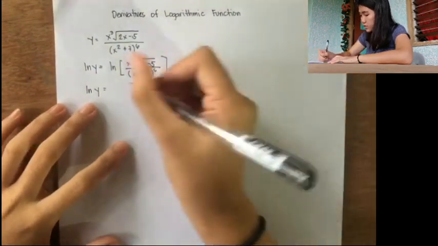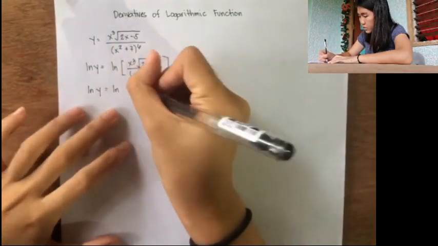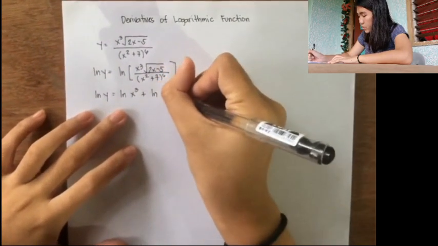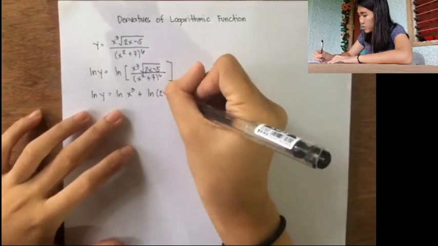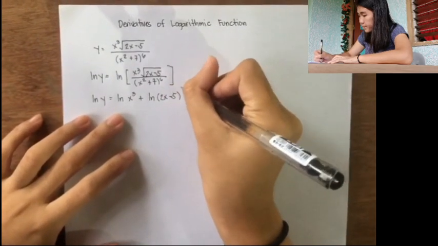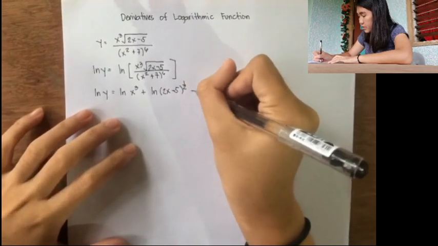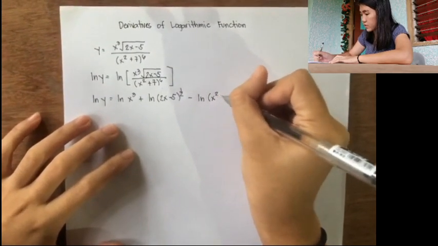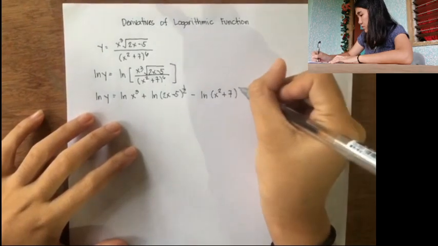Ln y is equal to ln x cubed plus ln 2x minus 5 raised to 1/2 minus ln x squared plus 7 raised to 6.